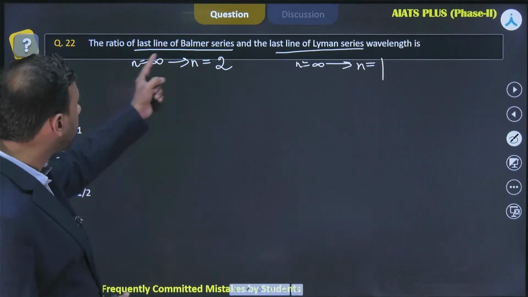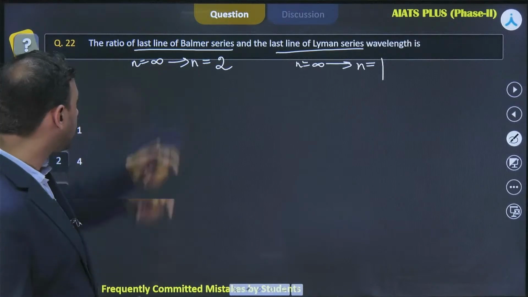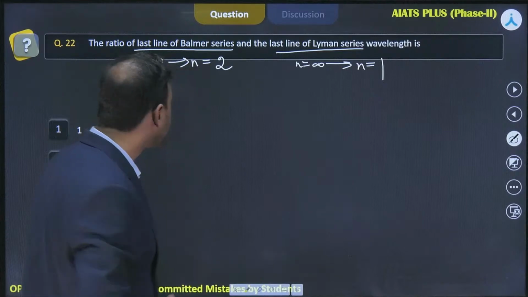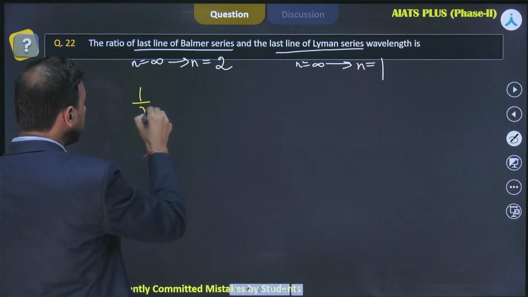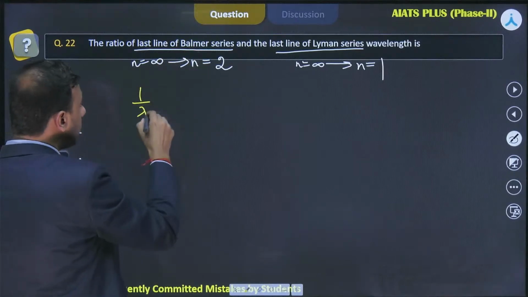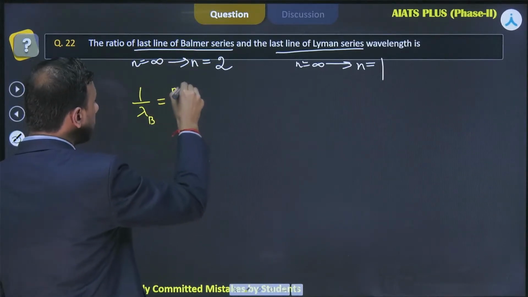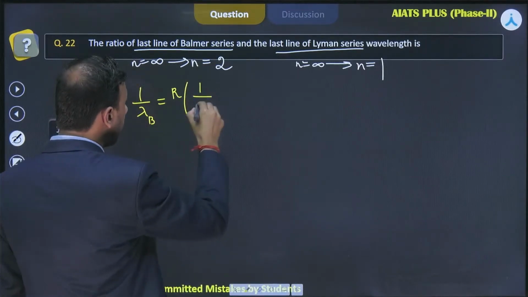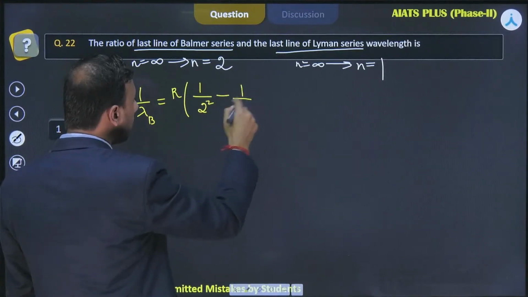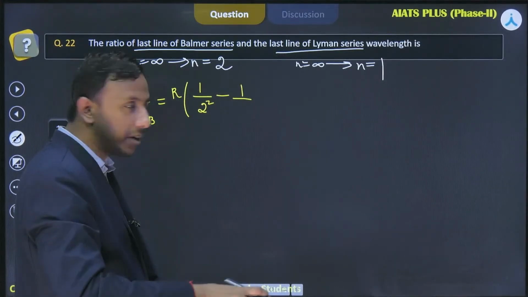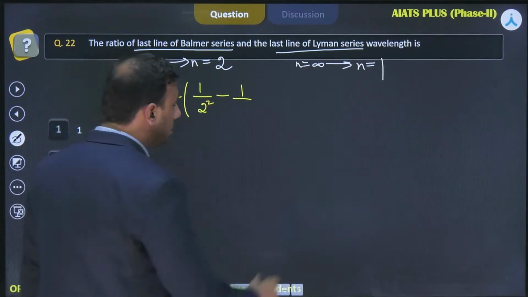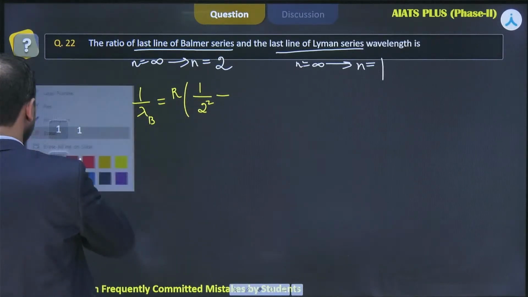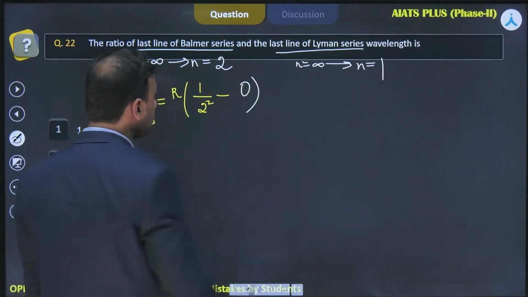Now we have to find the ratio of their wavelengths. So first let's write the wavelength involved over here. This is the last question of the day. Same formula: 1 by lambda B is equal to R multiplied by 1 by 2 square minus 1 by infinity square, and 1 by infinity will become 0. So I will directly write 0 over here.